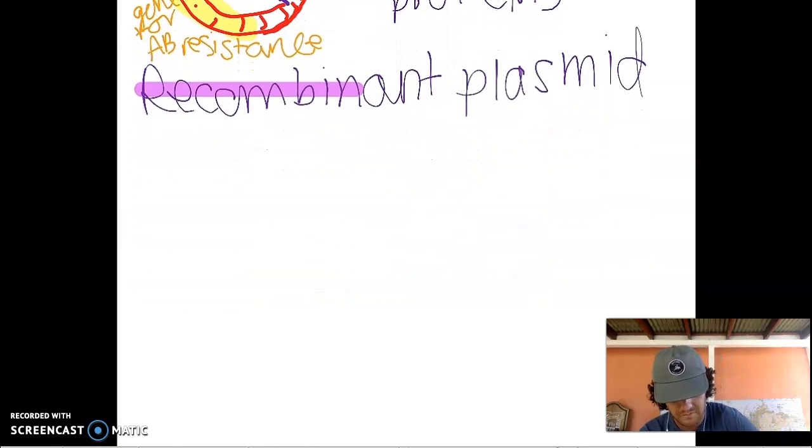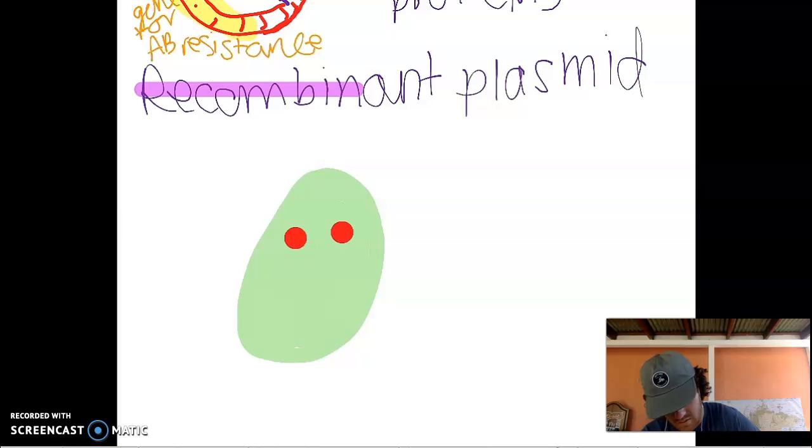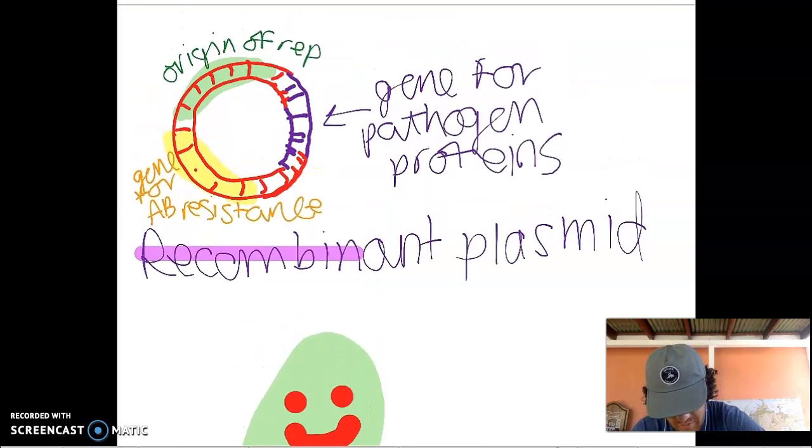So what we do is, let me draw a little bacteria cell for you all. There's our happy little bacteria cell, okay? What we are going to do with the bacteria cell is we are going to try to get it to absorb this plasmid.